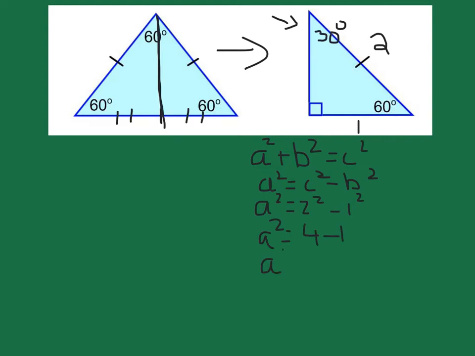So a squared is 3, which means a must be the square root of 3. And we're going to stop there.